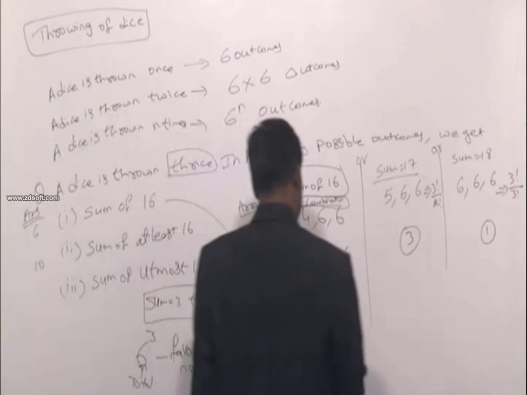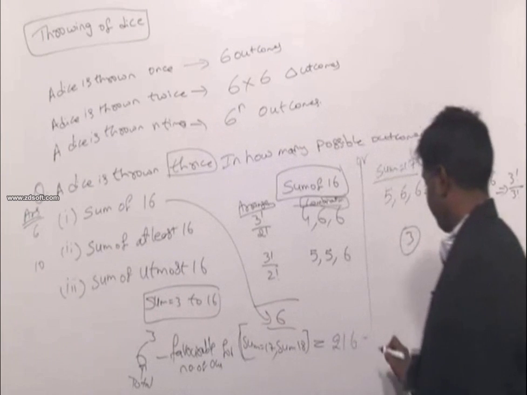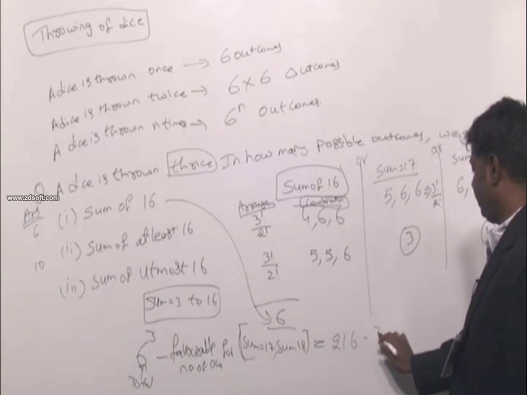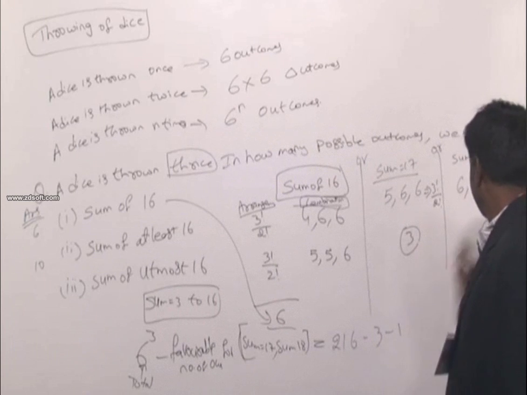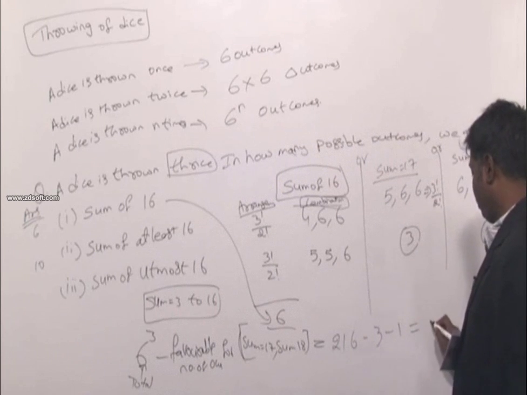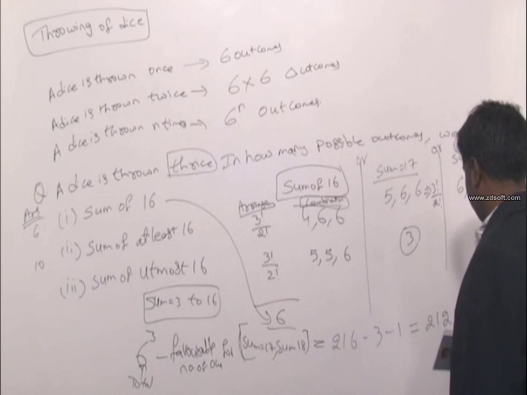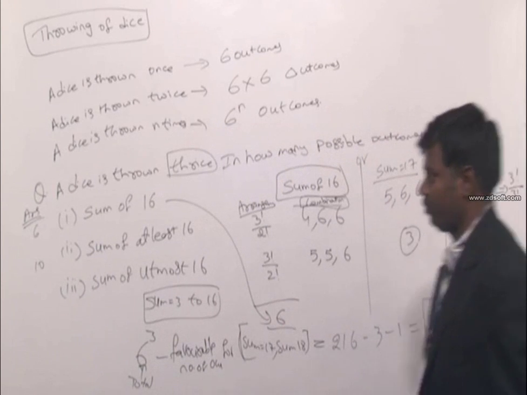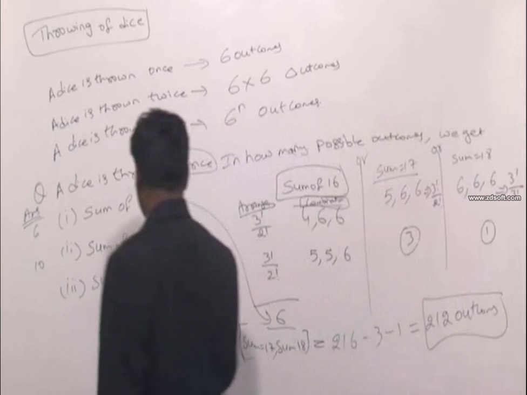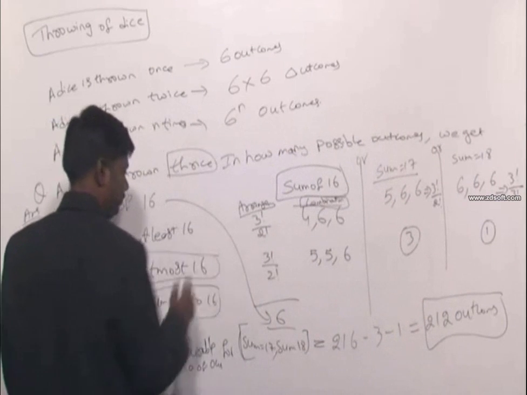That is 216 minus 3, sum 17, minus 1, or in other words 212 outcomes. So there is heavy possibility to get a sum of at most 16.